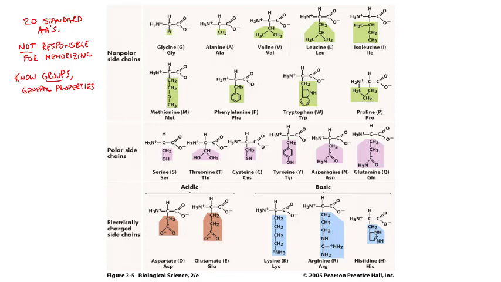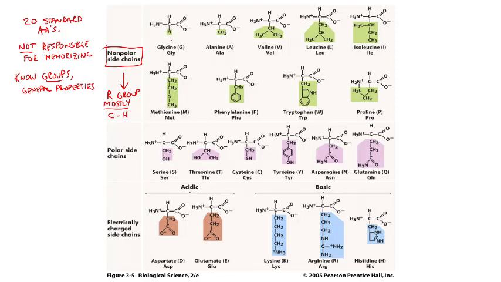So different textbooks divide up the amino acids different ways, but they usually have certain things in common. So we've got roughly half of our amino acids have nonpolar side chains. When we say nonpolar side chains, we mean that the R group is mostly, not entirely in most cases, carbon and hydrogen.